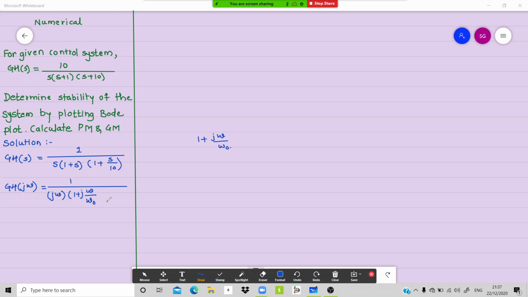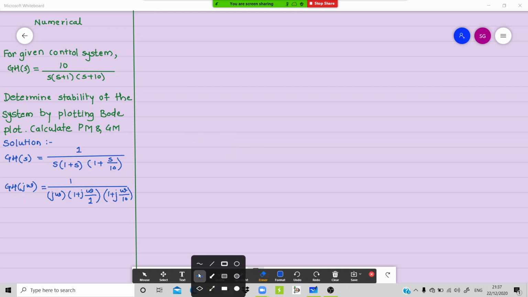I'll just write 1. So it's very clear that the first cutoff frequency is 1. And for this one, it will be 1 plus j omega upon 10. So the second cutoff frequency is 10 for this factor.